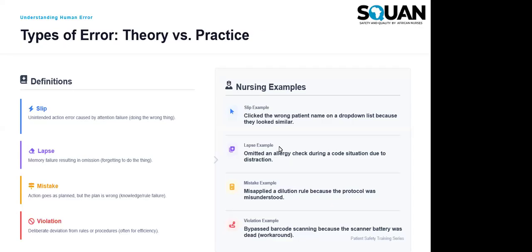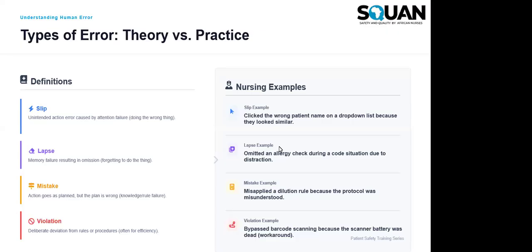And then we have the violation. Violations are deliberate. Violations are you're bypassing the protocol. Your protocol says that for you to administer a high alert medication, you should get another nurse to confirm, and you say, let's just do it. We've been administering these drugs and nothing happened, so let's just bypass the protocol. That's an example of a violation.